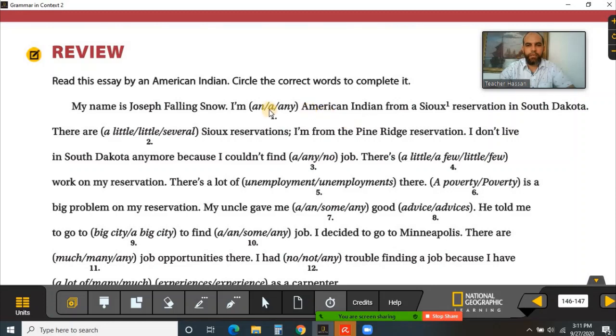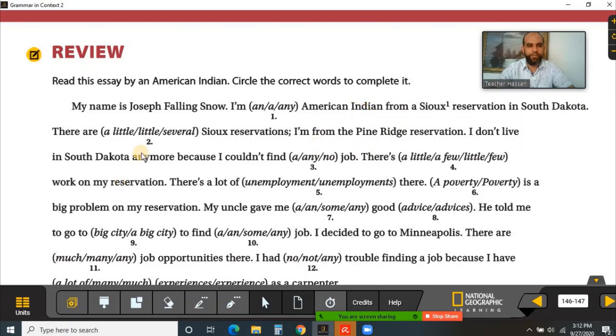So American is an adjective here, and it is describing the noun. Remember this pattern. It's like, I bought a beautiful car. He is an old man.